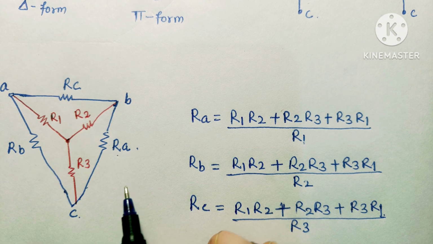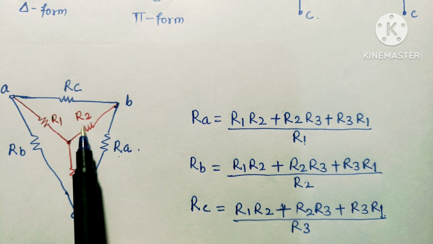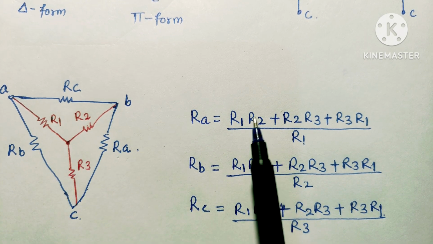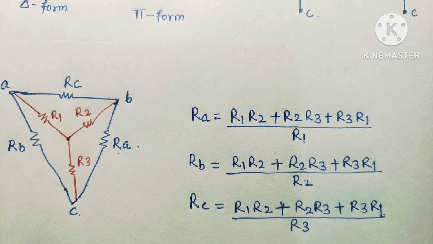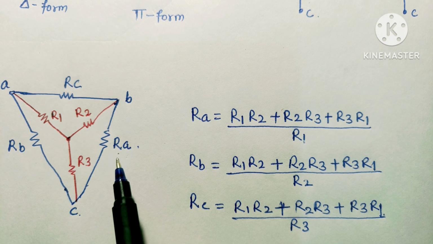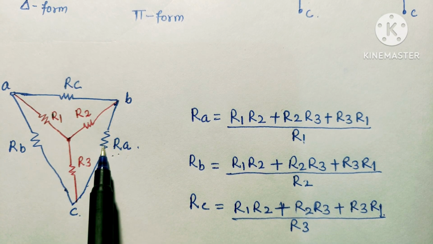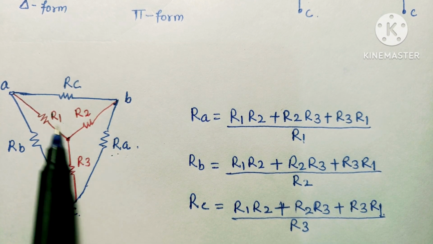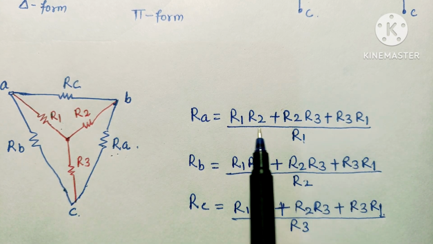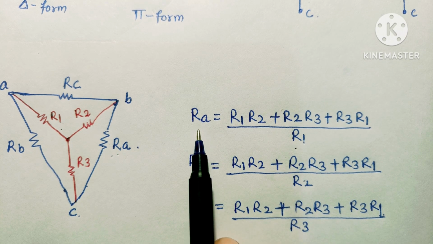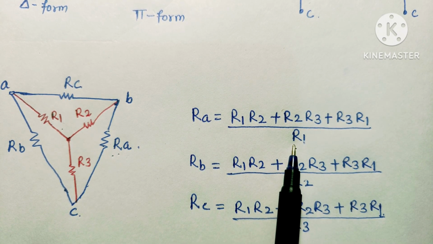If you want to calculate delta resistance Ra, then it is R1 into R2 plus R2 into R3 plus R3 into R1, whole upon the resistance which appears opposite to Ra. The resistance R1 is directly opposite to Ra. So we divide all the multiplications and additions by R1. So Ra can be written as R1R2 plus R2R3 plus R3R1 whole upon R1.